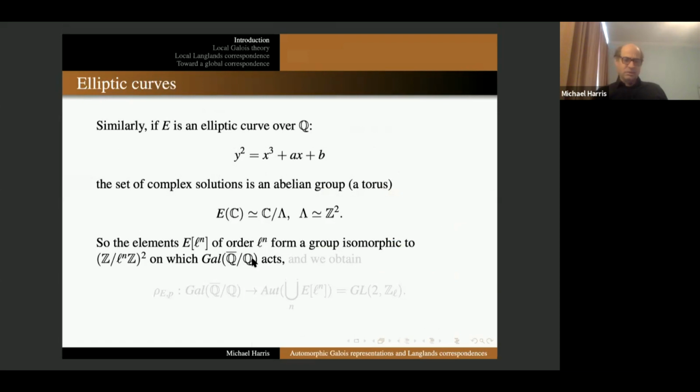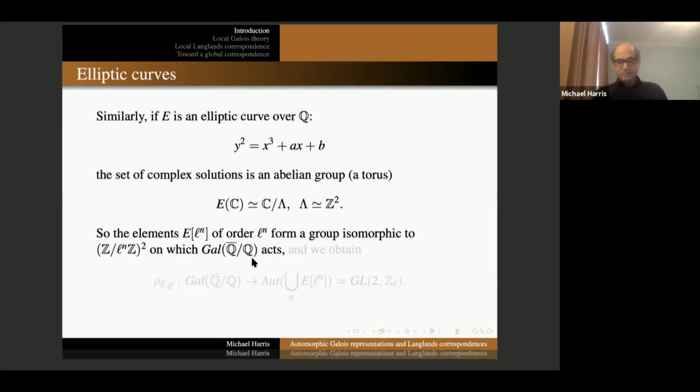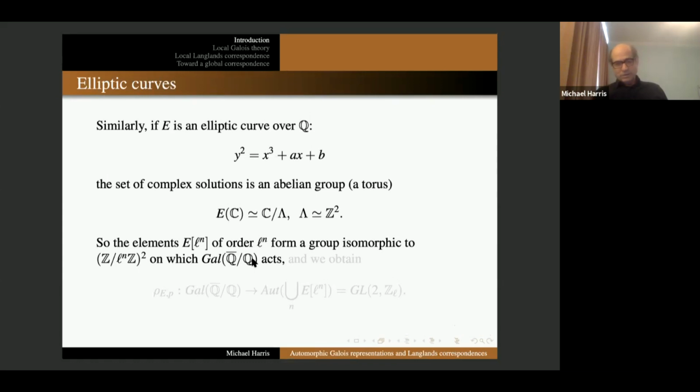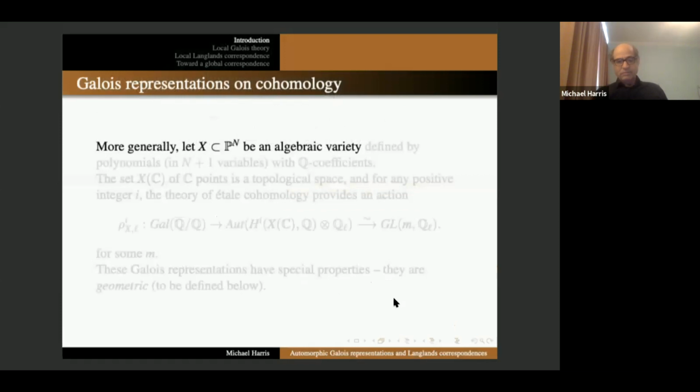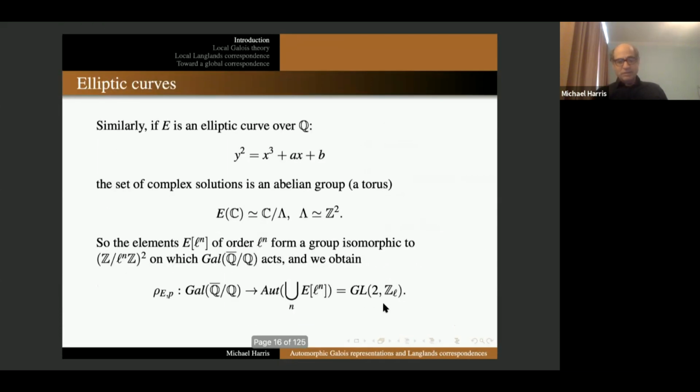Well, it's GL2 of Z mod L to the n, but we're going to apply this clever idea, which arose in the early part of the 1950s. And we have a homomorphism to the automorphism group, which is now GL2 of Z_L, which again is contained in GL2 of Q_L. So we get a two-dimensional representation of the Galois group.